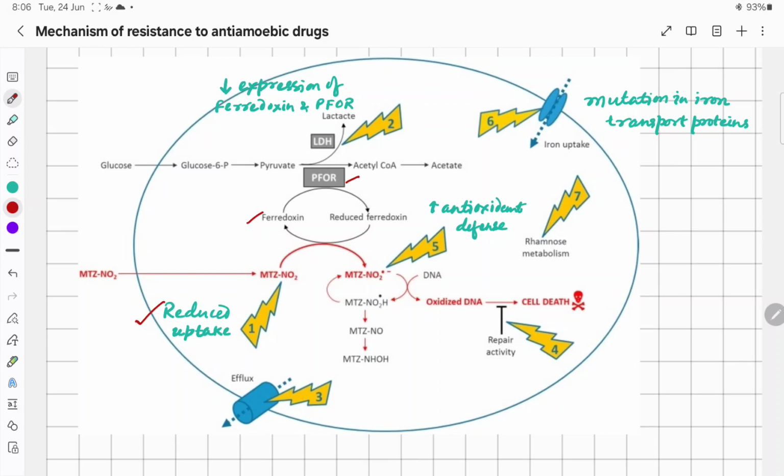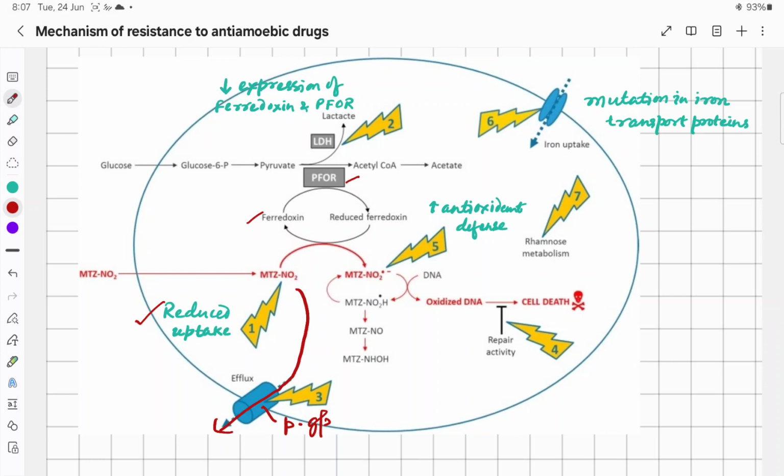Third, by increasing efflux by overexpression of P glycoproteins. So there can be efflux of the metronidazole, and that will reduce the concentration of metronidazole inside.